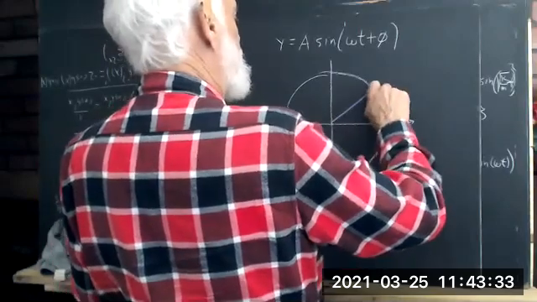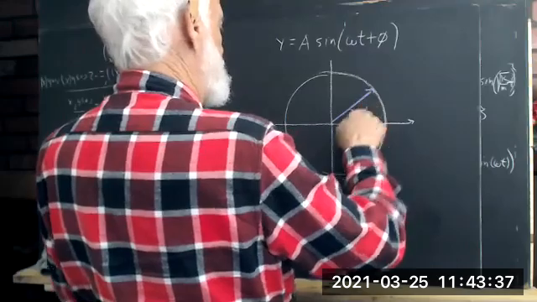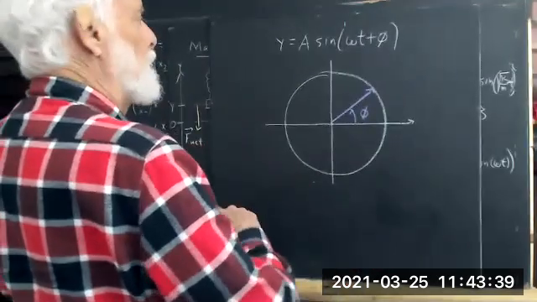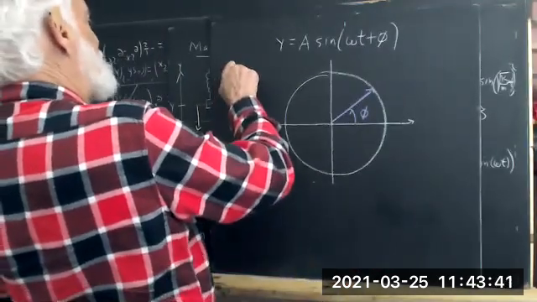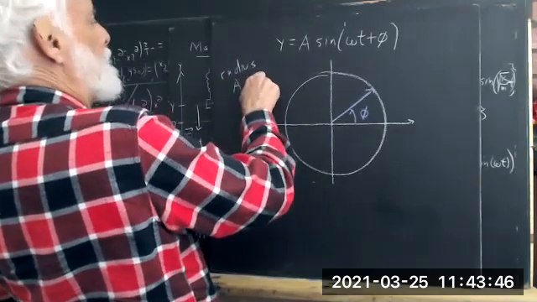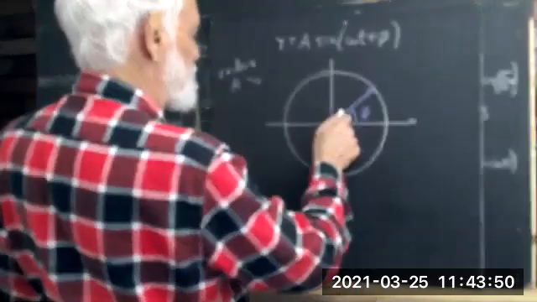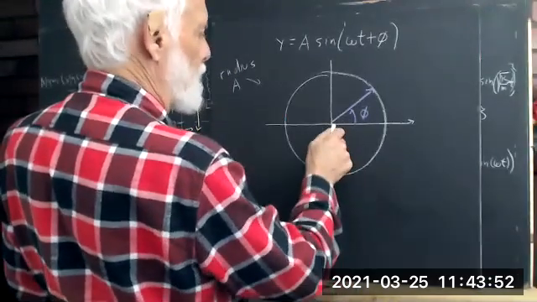So let's just say phi is this angle here. And the radius is A. And omega t brings us around to some position.